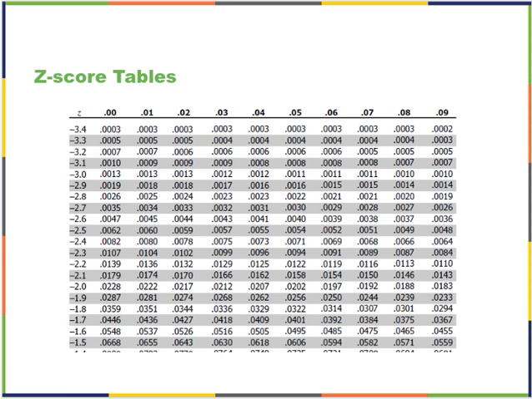Now, that's why we skip back and forth, because as long as things have a standard normal distribution, we can look at just about anything with this table. That means we could look at ACT scores, we could look at average birth weights, we could look at just about anything.